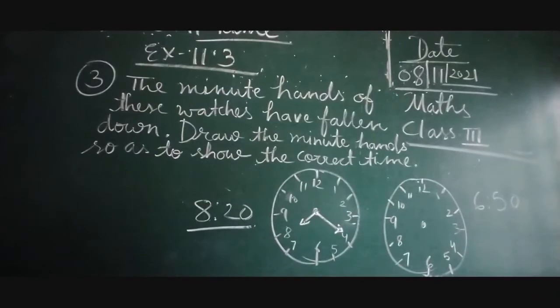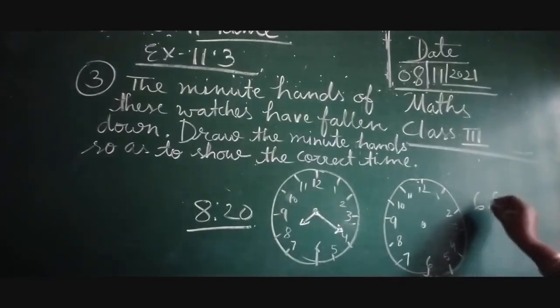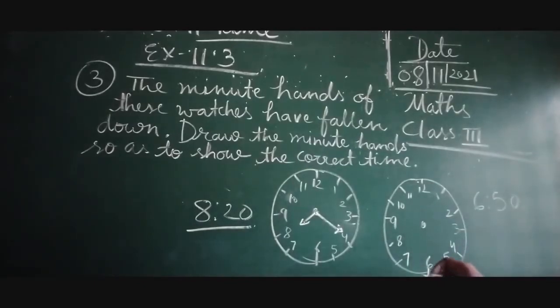See here children. Okay. Now here you can see we have to show 6:50, and here our hour hand is already drawn and we have to show the minute hand. Now this is 6:50.